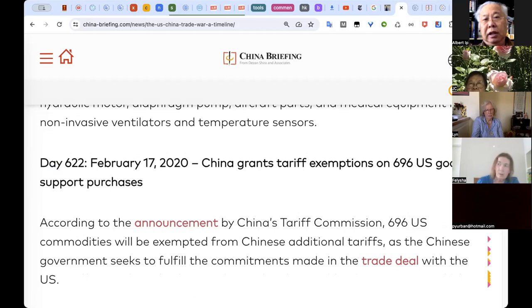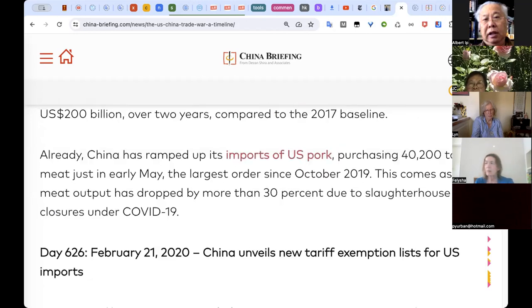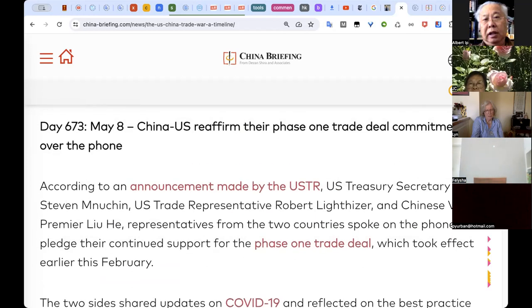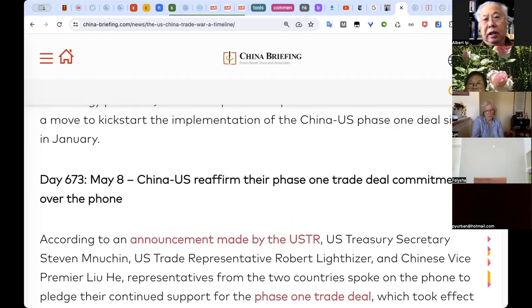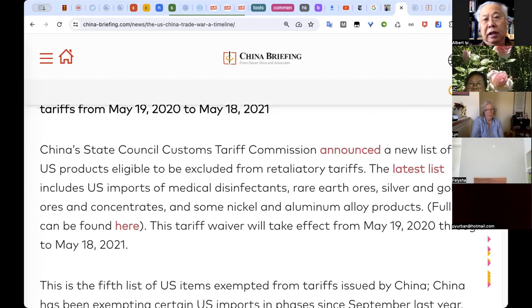Now, the tariffs are still there, but we can put in exemptions. Another new exemption, and then continued buying the pork. And Trump had to focus on the US presidential election.